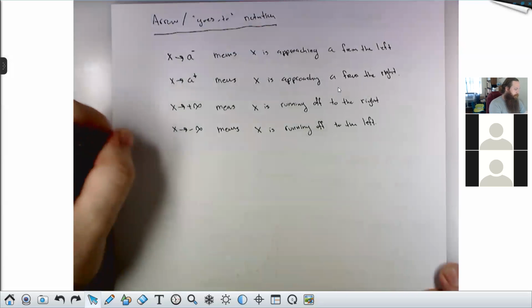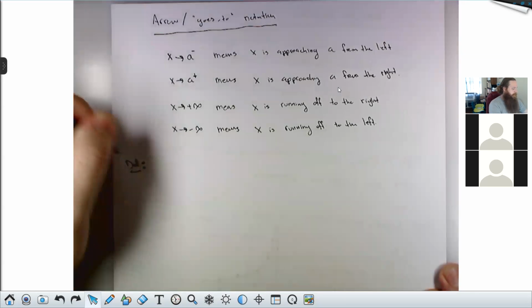Then the definition of an asymptote, there's kind of two of them.